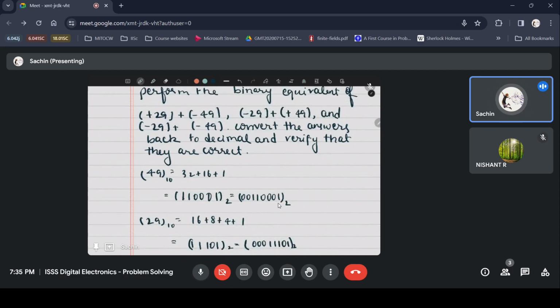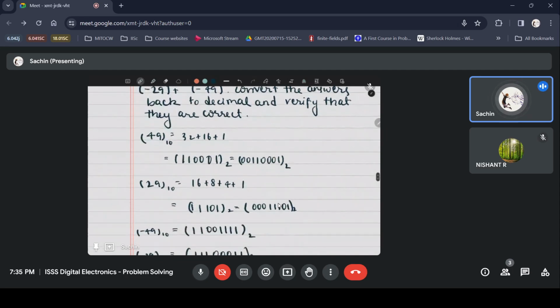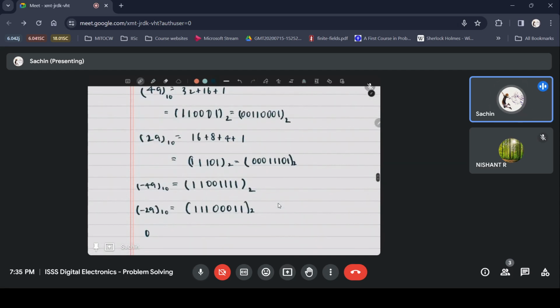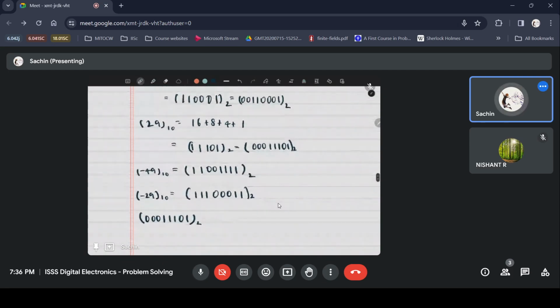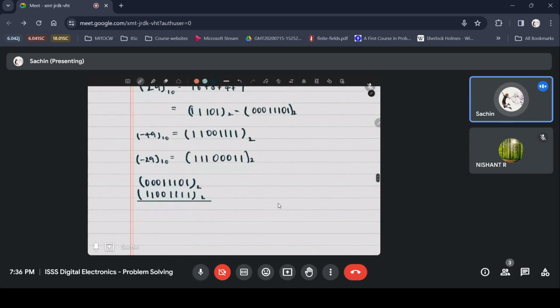Then when you want to perform these operations, 29 plus minus 49, take 29 in 2's complement representation as this number, 29 itself, the unsigned number. Minus 49 is 11001111, and you add these, one carried over, one carried over. That's your result. We'll do a check.